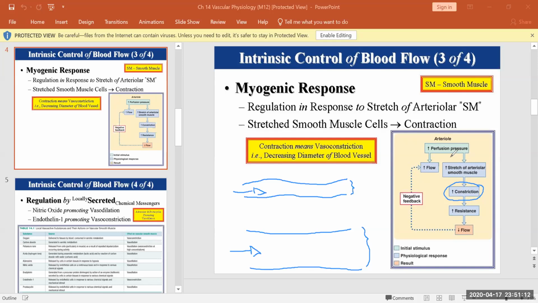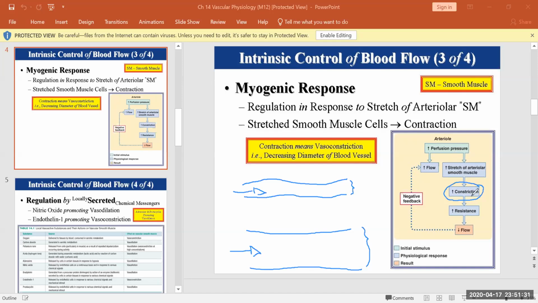And when that happens, that wall is not passive. That wall will respond. It's like somebody slaps you, you don't let them slap you, right? You hit back. It's the same thing here. If you try to expand the blood vessel, it will respond by constricting back.